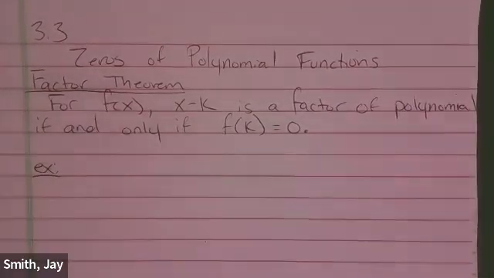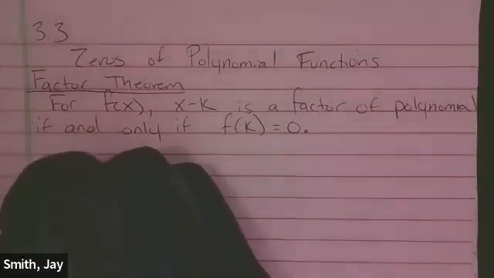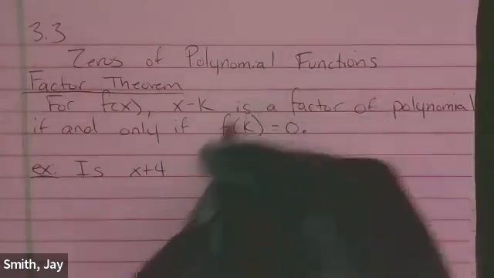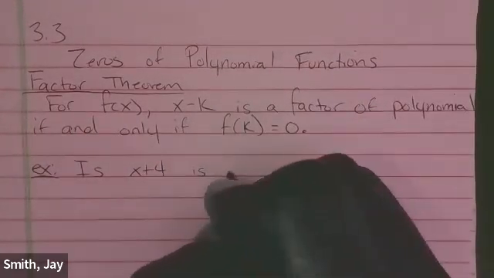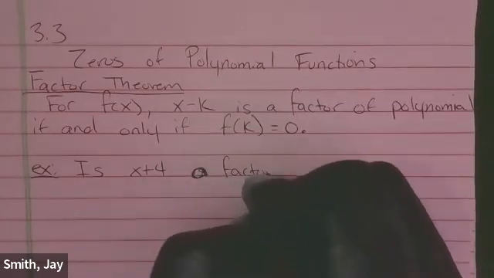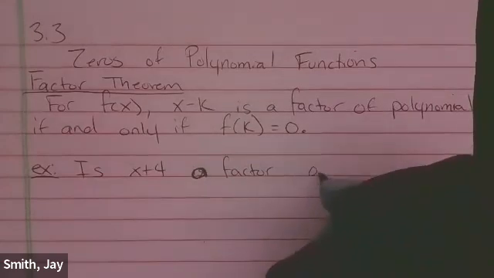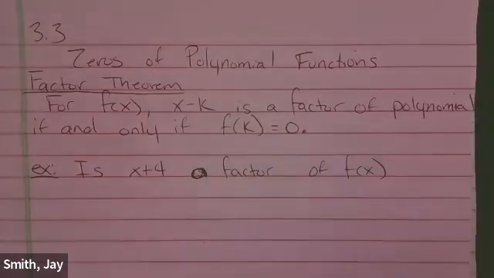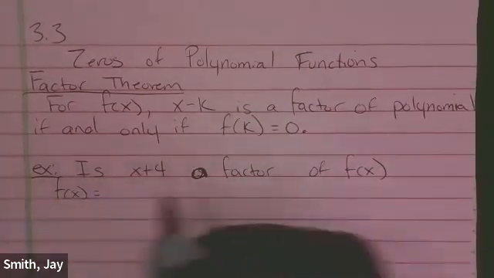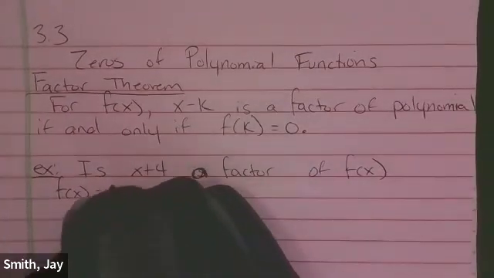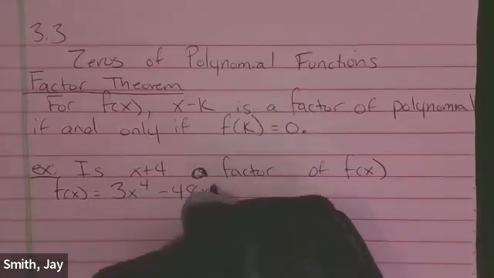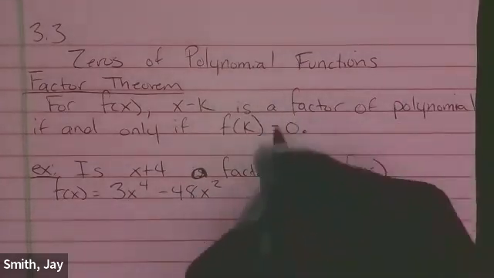So our first example, we're asked, is x plus 4 a factor of the function f of x, which is the polynomial 3x to the 4th minus 48x squared plus 8x plus 32.